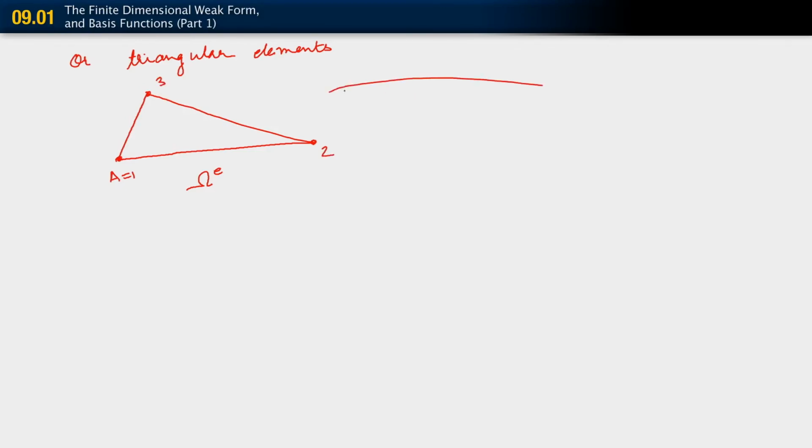We know that this can be constructed as a mapping from a unit domain, which we also express in terms of coordinates C1, C2, and in this setting we get that the points are 0, 0; 1, 0; and 0, 1.